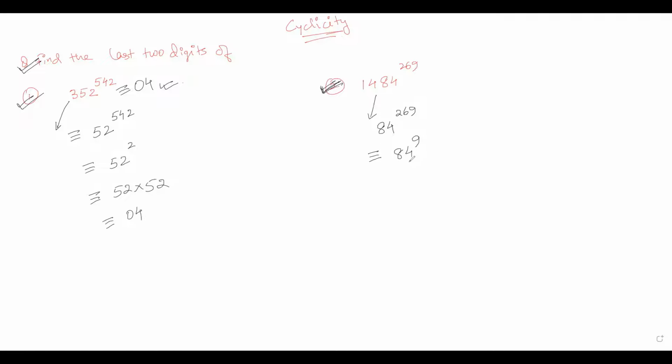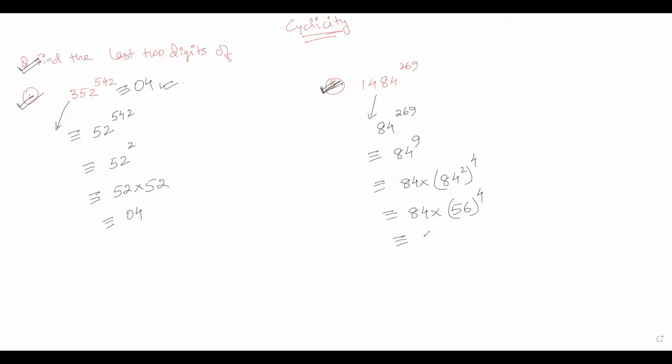Now 84 raised to the power 9 can be written as 84 times 84 square to the power 4. And 84 square will give us the last two digits as 56, and this is raised to the power 4.